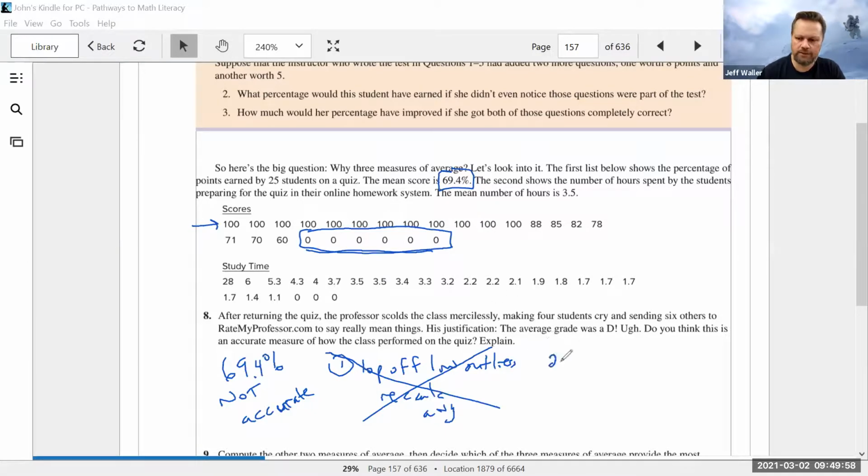So what's another way? If I wanted to keep all the data, what's something else I could calculate that would be more honest? Just skip the zeros and do the calculation? Well, then we get the 69.4 and the teacher gets angry and everybody cries.